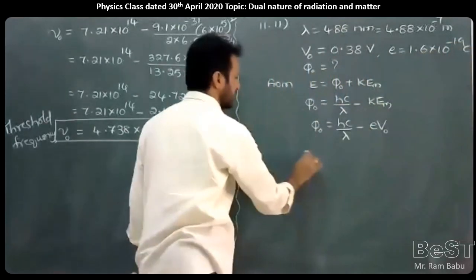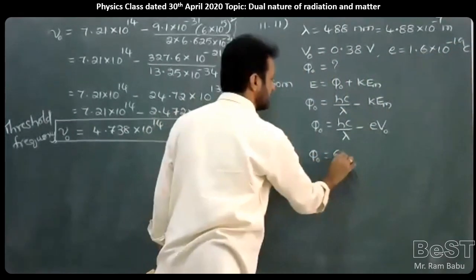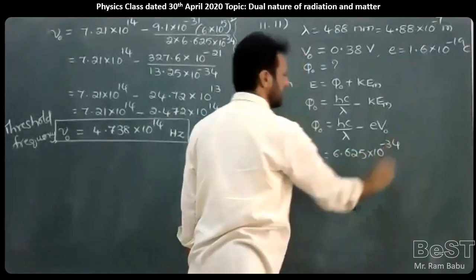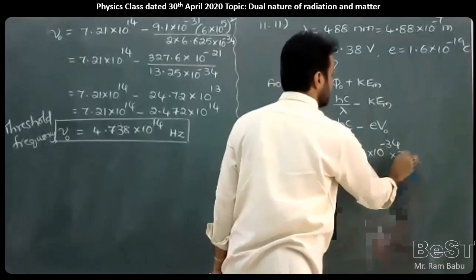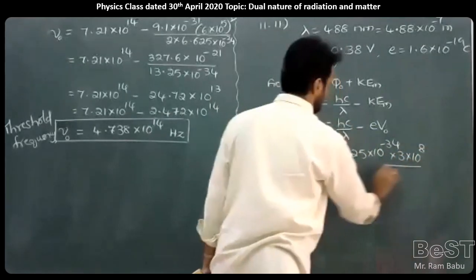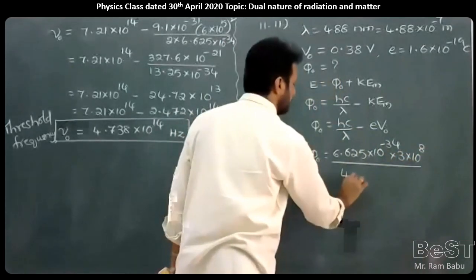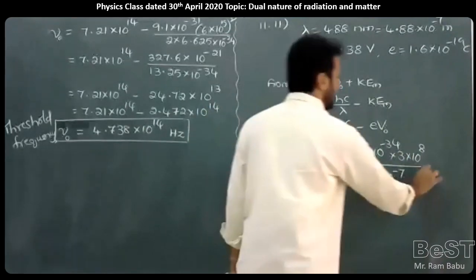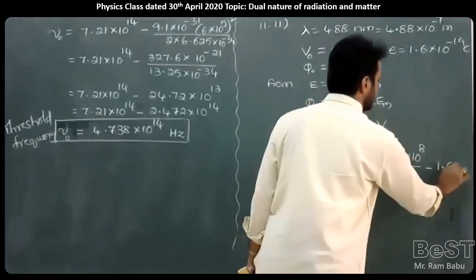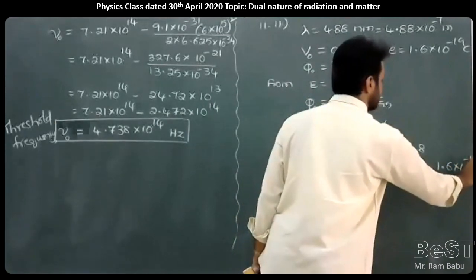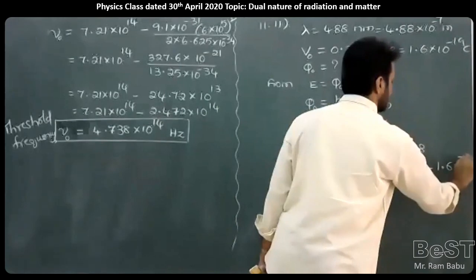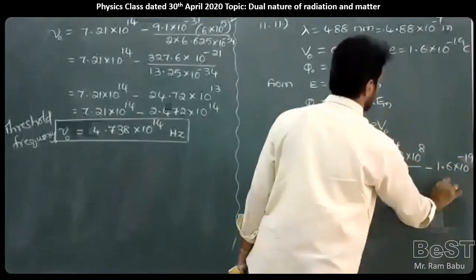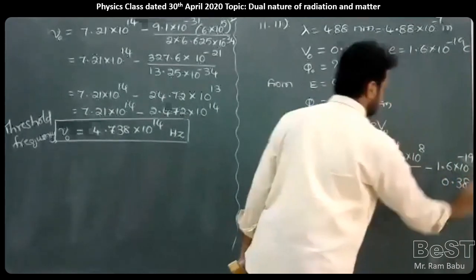Substitute the value here. Phi naught is equal to 6.625 into 10 to the power of minus 34 into 3 into 10 to the power of 8 by the wavelength value 4.88 into 10 to the power of minus 7, minus the charge of electron 1.6 into 10 to the power of minus 19 into 0.38 stopping potential.